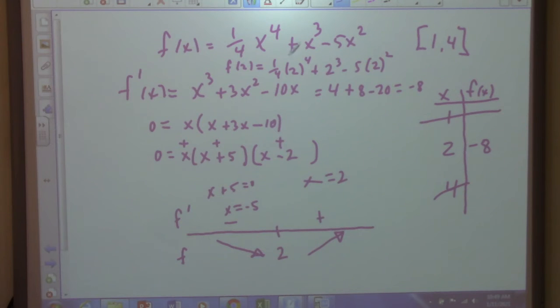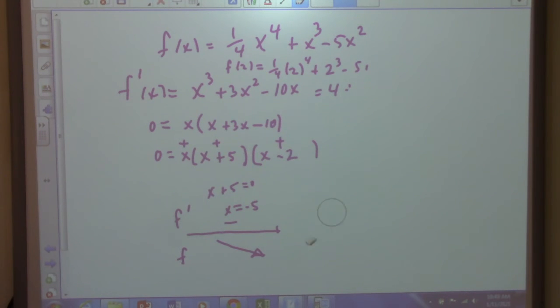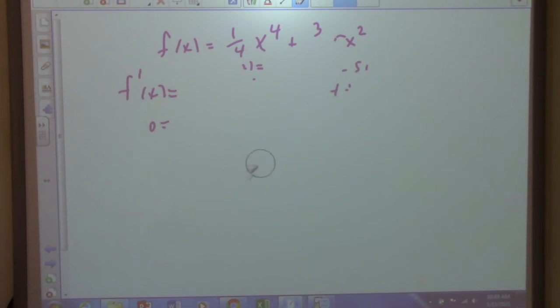Okay, and then for number 11 and 12, we're trying to find the estimate, and we have a table here.